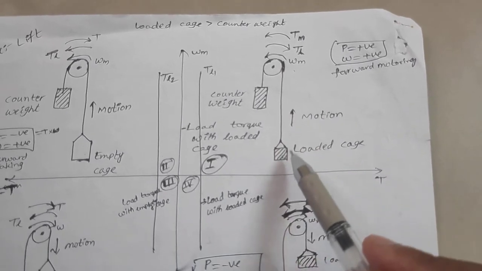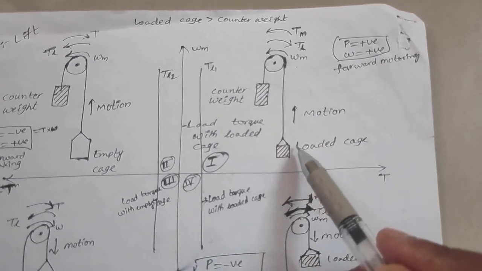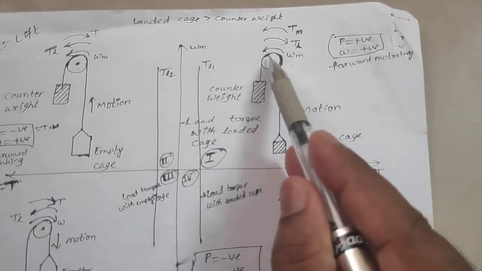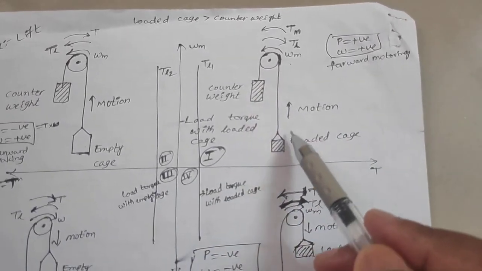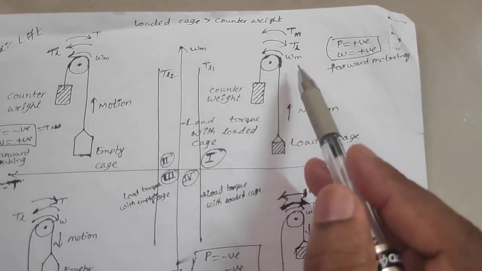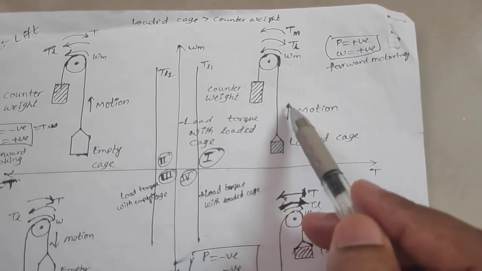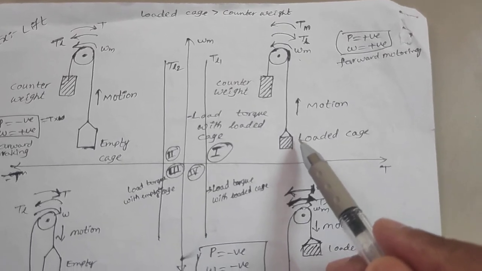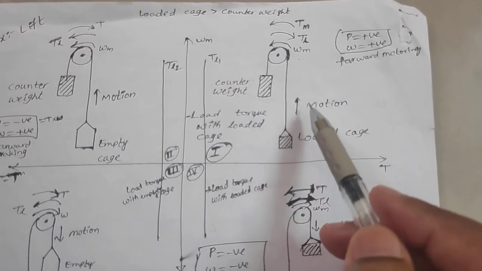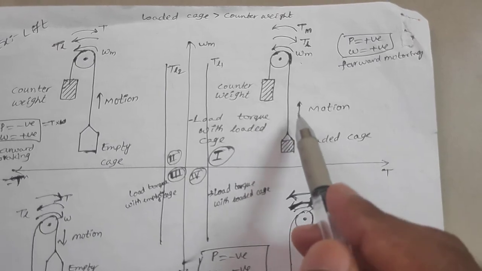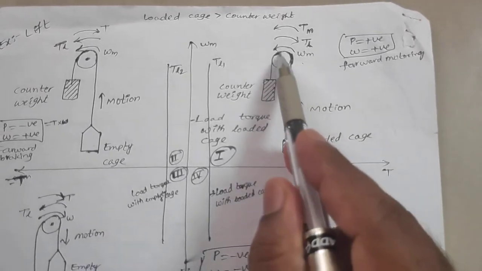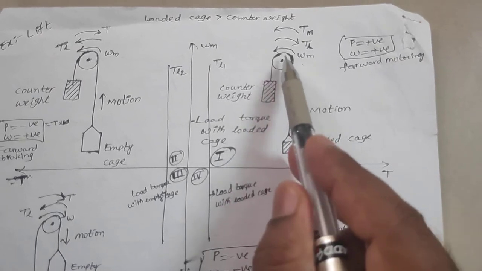Now the drive needs to run in the motoring mode to lift the loaded cage in the upward direction, that is forward motion. The forward direction is nothing but the upward direction. So in the forward direction, if the lift wants to move, the drive needs to operate in the motoring mode.